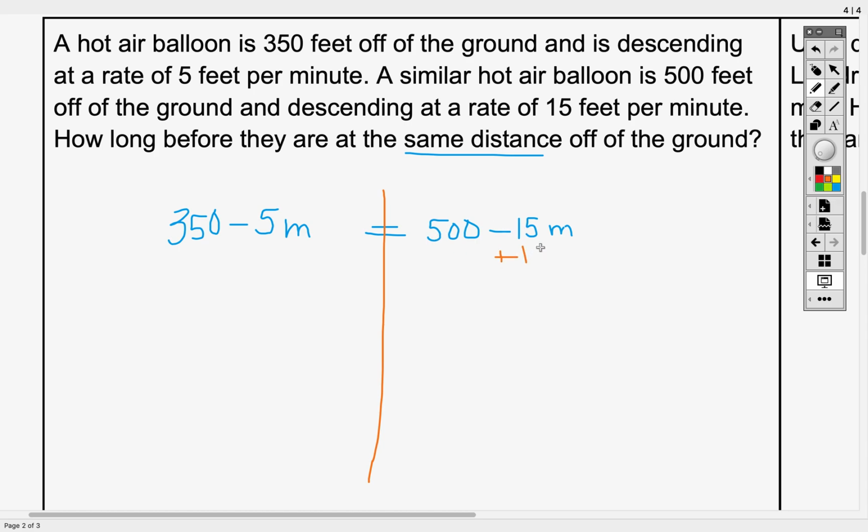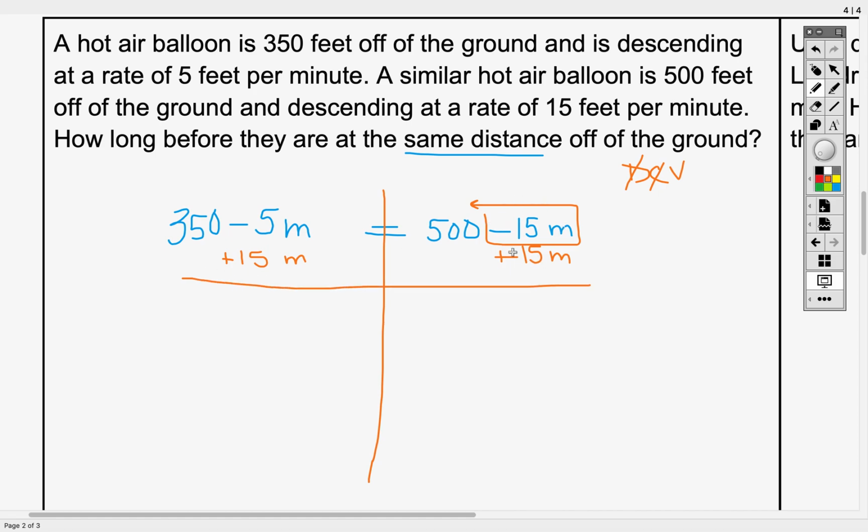So we are going to add 15m to both sides. Why? We don't have anything to distribute. We don't have anything to combine, but we do have variables we need to move to the left. So I'm going to put it underneath our negative 5m.